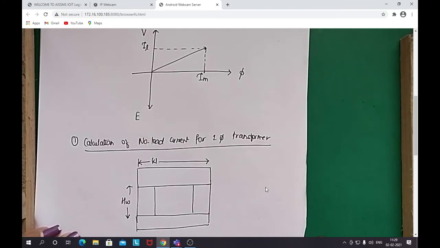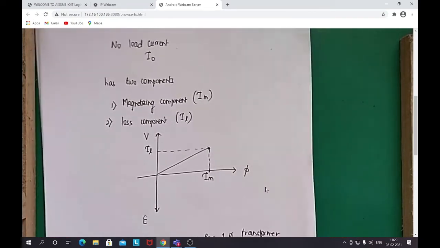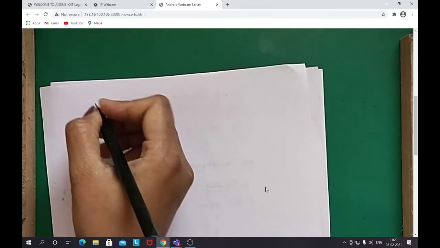Now for a single phase transformer, there are two more parameters which we have to consider.